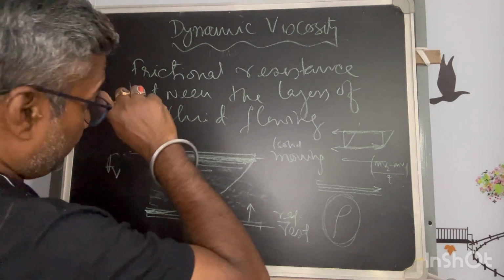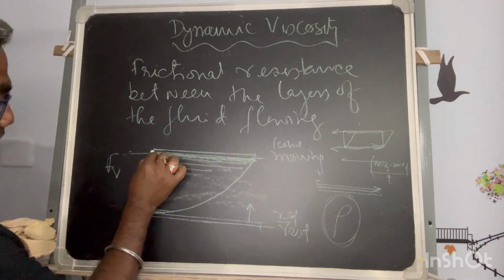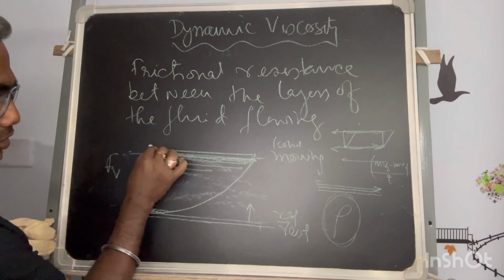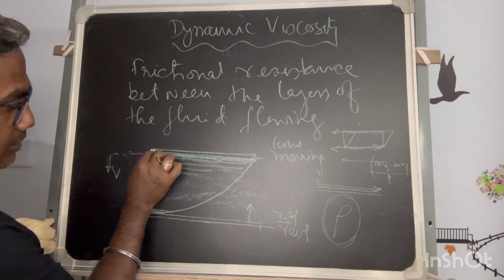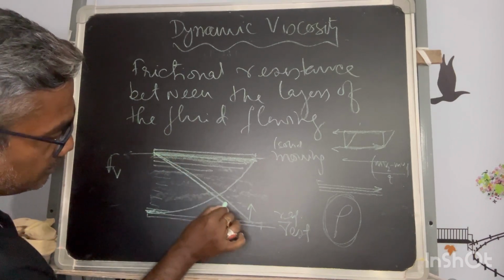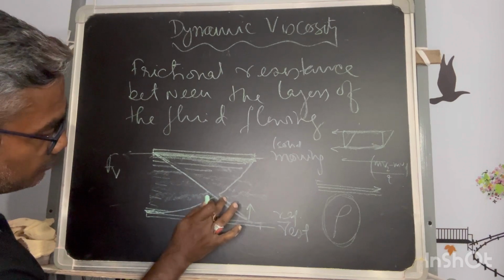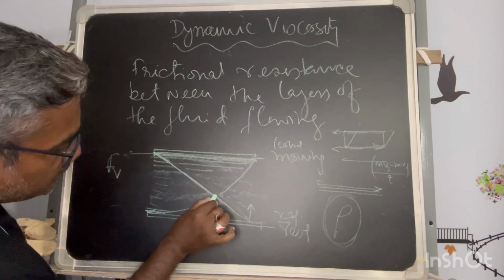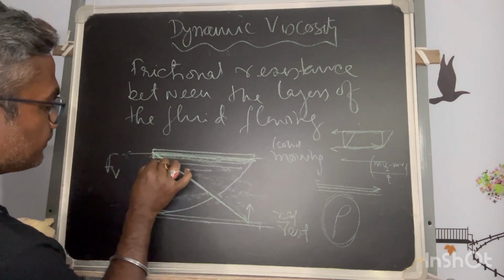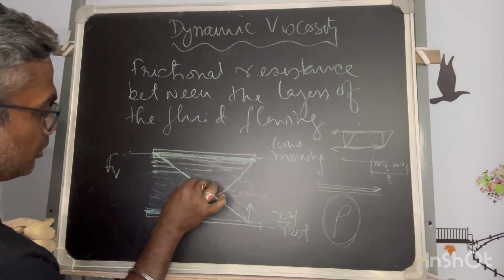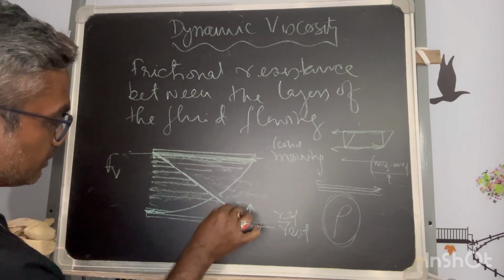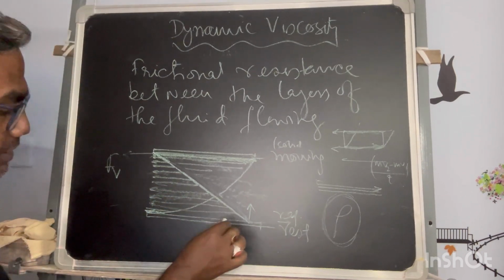And similarly, the profile of the frictional force will be less here, almost 0 you can say, and from there towards the bottom a linear curve will come, where the value of the frictional force goes on increasing the more you move towards the plane which is at rest.